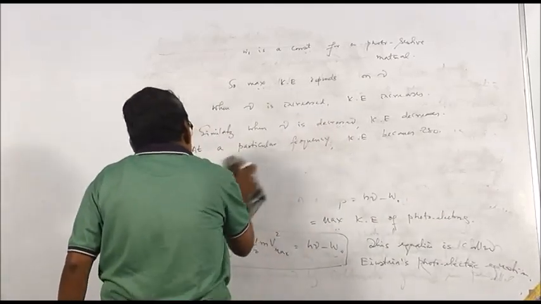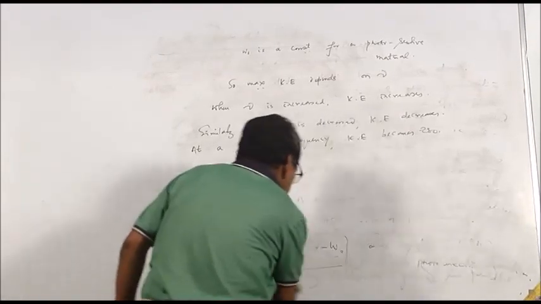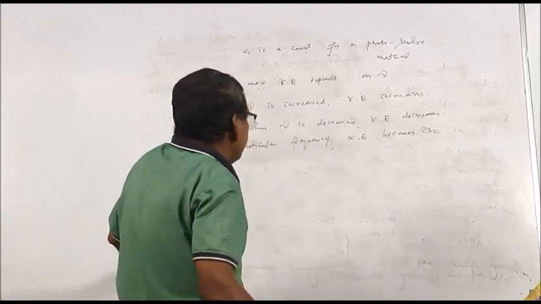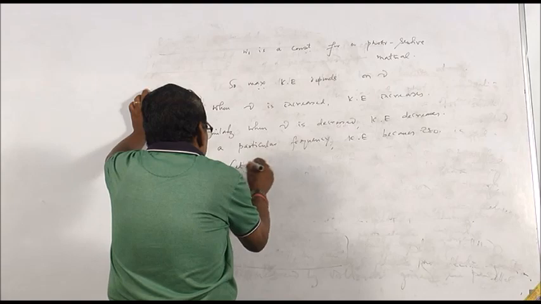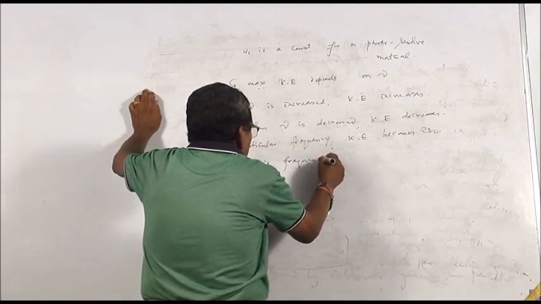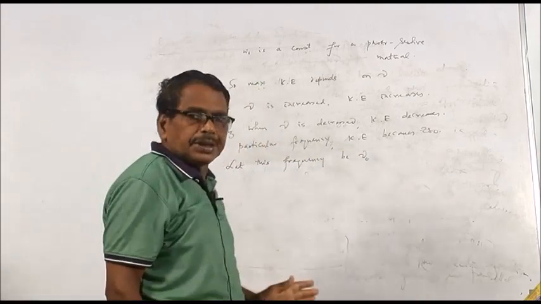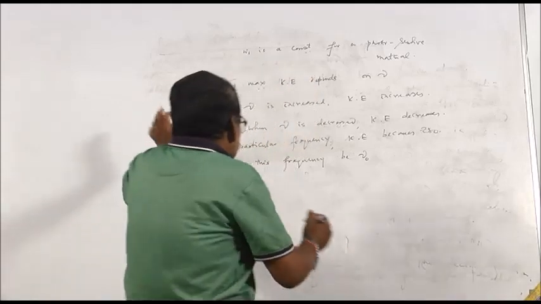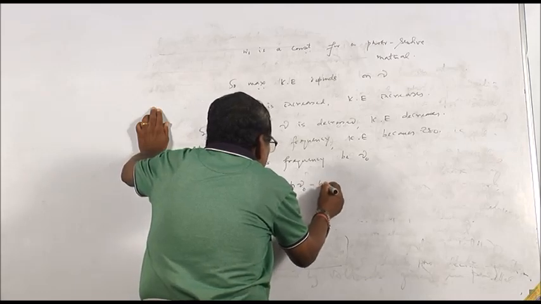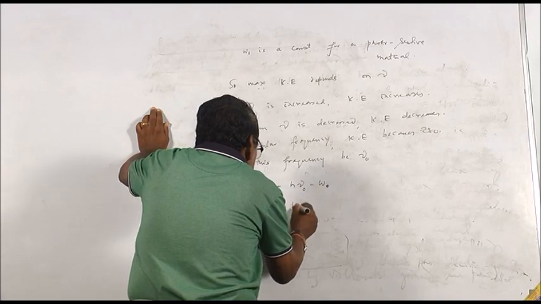Let this frequency be nu 0. Suppose at this frequency the kinetic energy becomes 0. So 0 is equal to h nu 0 minus W0, or W0 is equal to h nu 0.